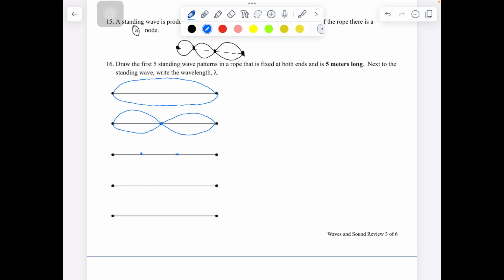Three loops for our third pattern. Ideally, my loops would be the same size, but I am working with what I can do. And we'll have 5 loops for our 5th pattern.